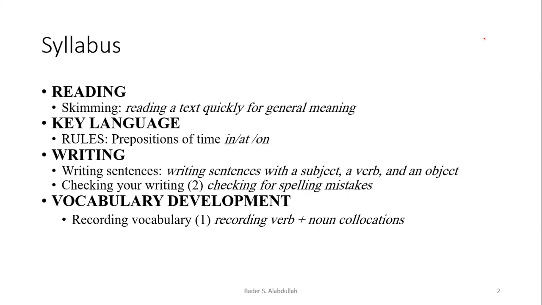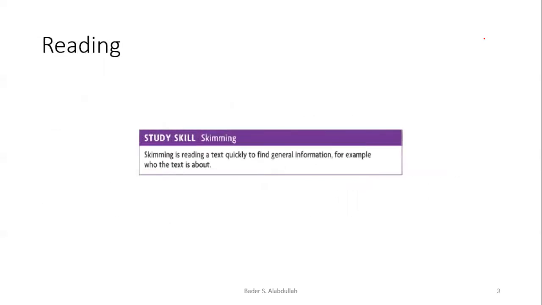If you remember, we talked about checking your writing 1, and now we are going to talk about checking your writing 2. Okay, for vocabulary development, how to record your vocabulary, which is recording verb, noun, collocations, and we are going to know what collocations means. Okay, so let's start with the reading as always.